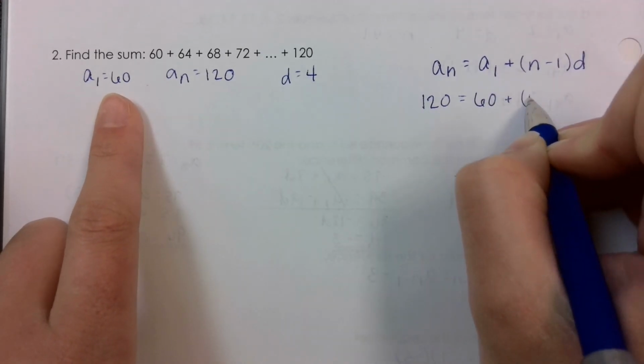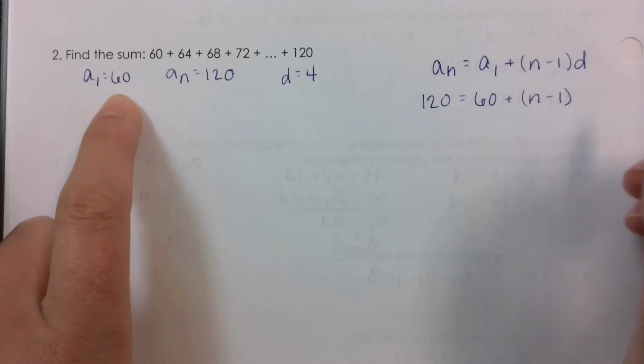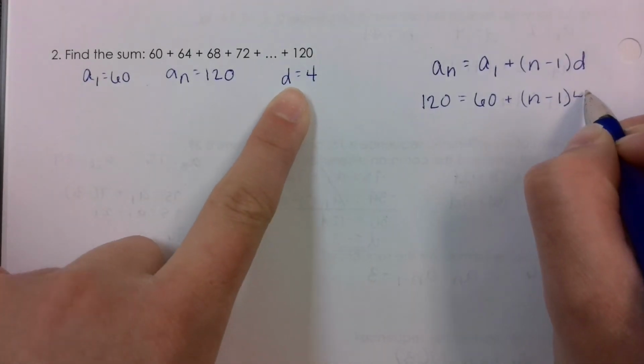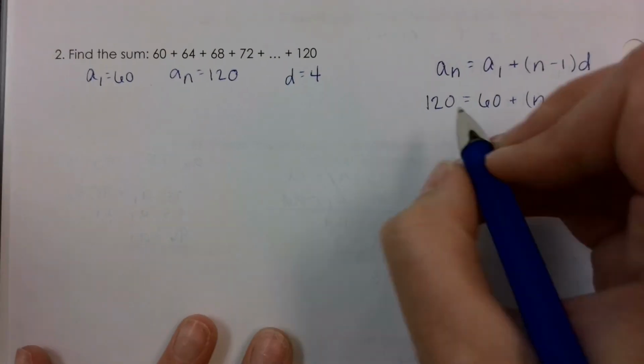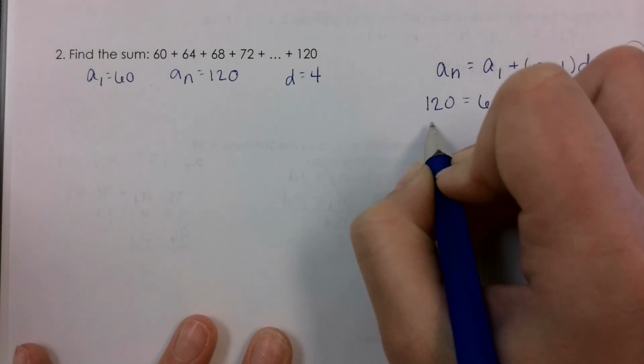And we don't know what n was, that's what we're trying to solve for, but we do know what d was, and that was 4. So we're going to solve for n. What should we do first? I would distribute that 4. You can minus the 60 over if you wanted.